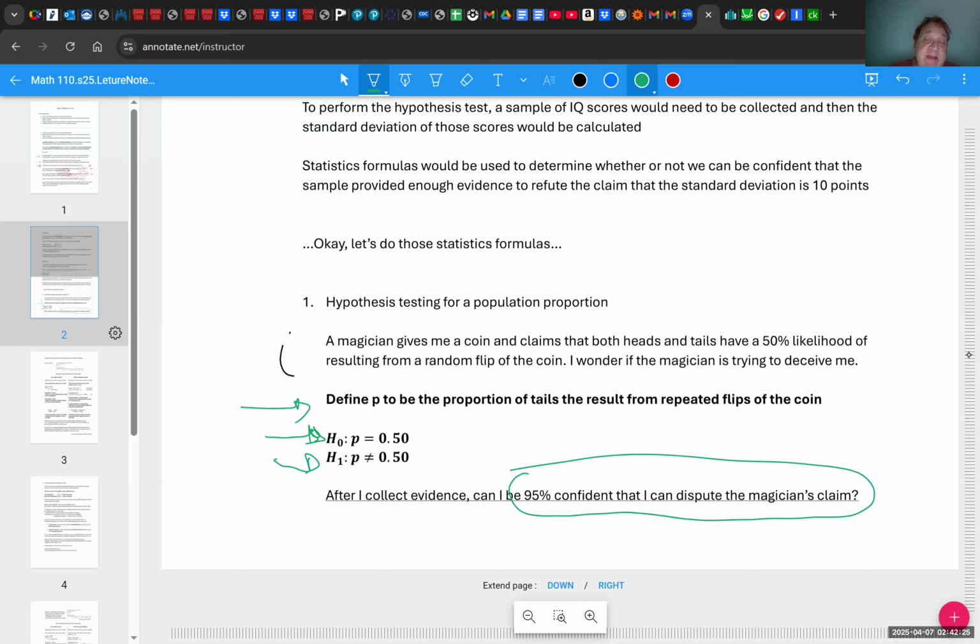That's the default. In statistics, if you don't really have a good reason, you just use 95% as a default. So after I state that I'd like to see if I can be 95% confident in rejecting the magician's claim, I go ahead and collect my information.